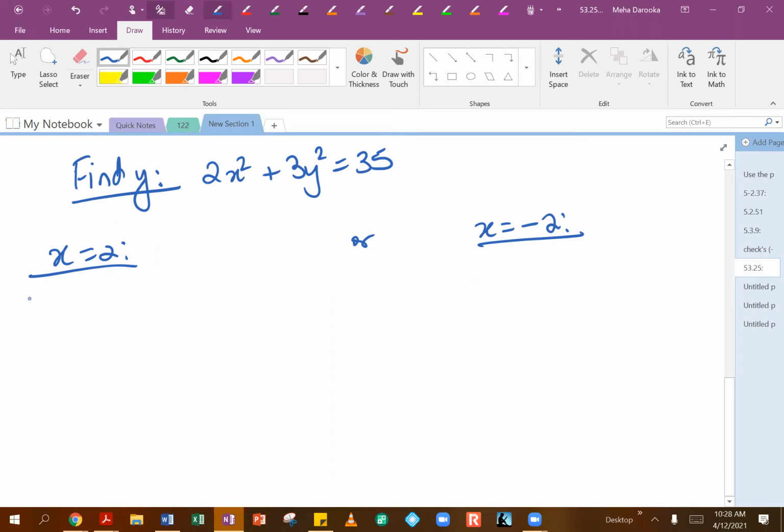Okay, so if we take a look at this guy here, we have x equals 2, so that would become 2 times 2 squared plus 3y squared equals 35. So basically you're multiplying 2 into itself 3 times if you really think about this. 2 times 2 is 4, 4 times 2 is 8.